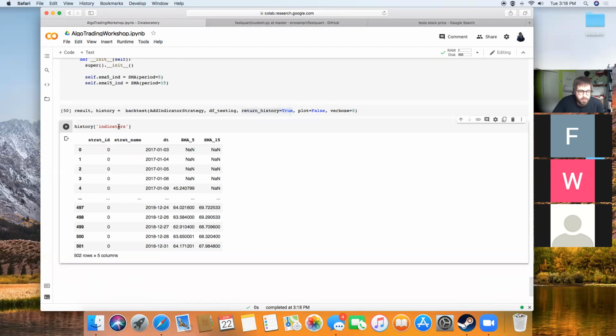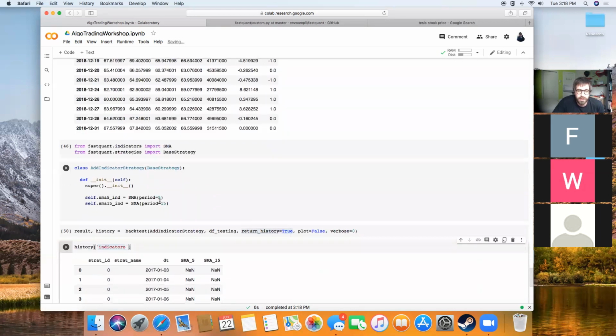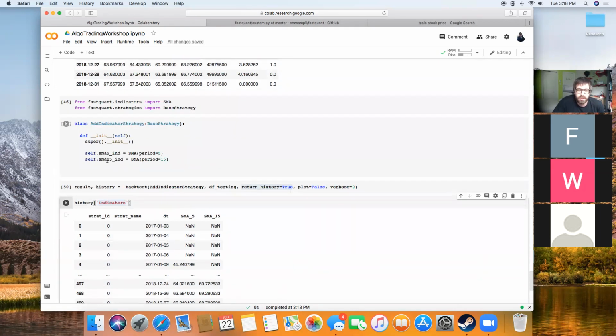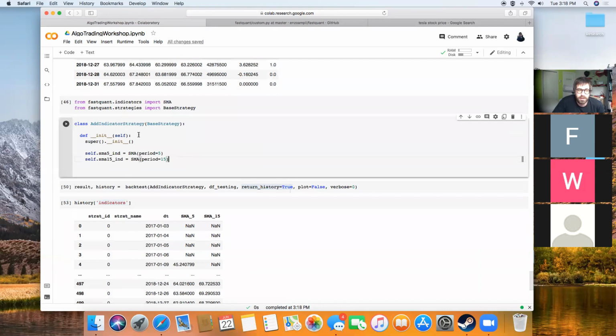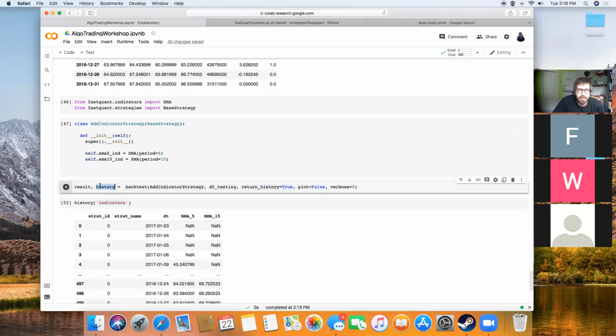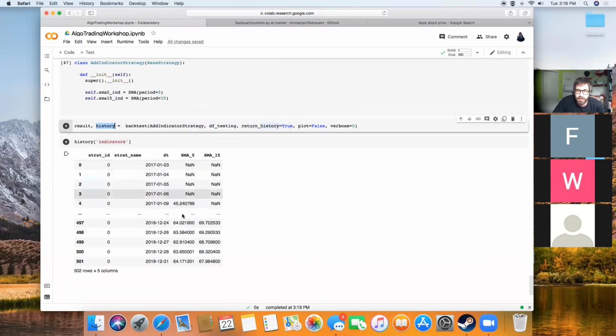Okay, so inside the dictionary at indicators, we have a data frame of the indicators, which has the date and our two indicators that we specified. So whatever indicators you want, you can add them here to this not-real strategy, and just pass it through backtest, get the history, and you will get the calculation of the indicators.